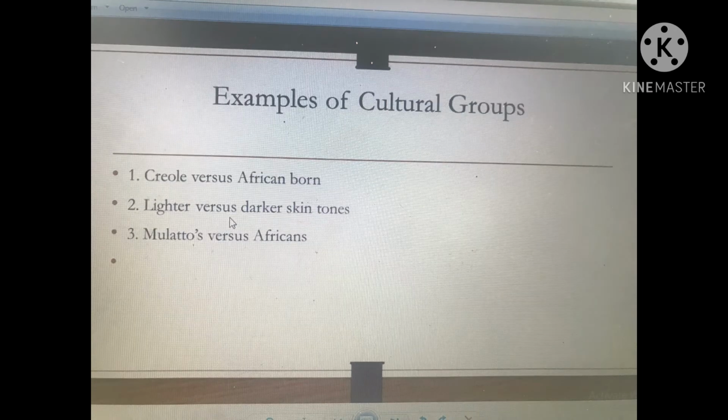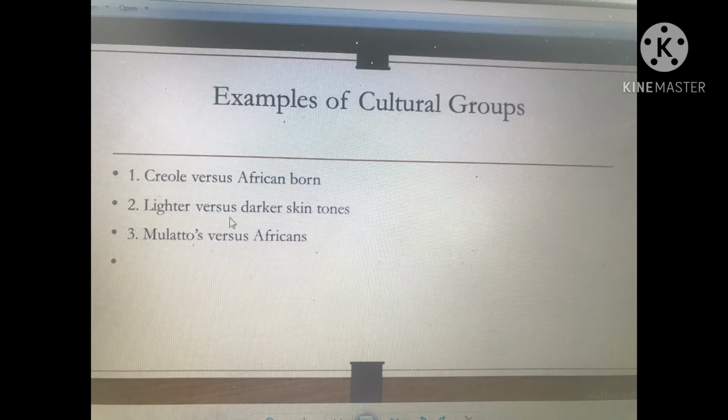Examples of cultural groups are Creole versus African born, lighter skin versus darker skin tones, and mulattoes versus Africans. Creole versus African born refers to the enslaved born in the Caribbean versus the newly arrived slaves from the continent of Africa. Lighter skin tone versus darker skin tone is where colorism came into play, with different shades of persons, chocolate versus caramel, those things.